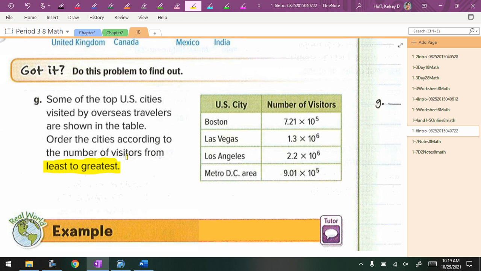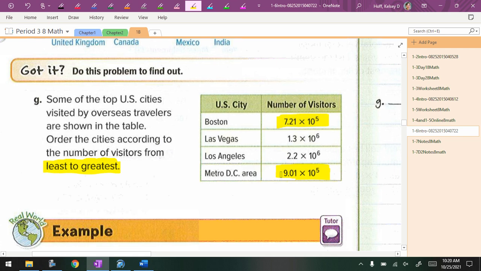How do I know which one of those is the smallest? What am I looking at? I'm looking at the exponent. If I want the smallest number, that means I need to move my decimal the least amount. So 5 steps, 6 steps, 6 steps, 5 steps. Our 10 to the 5th are going to be smaller.